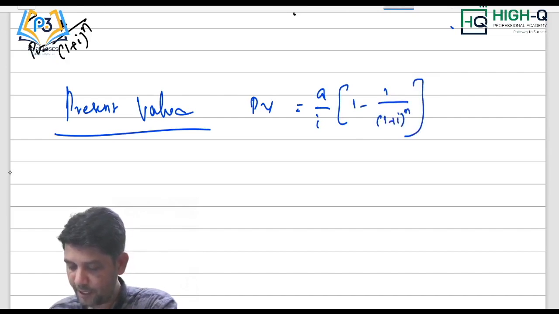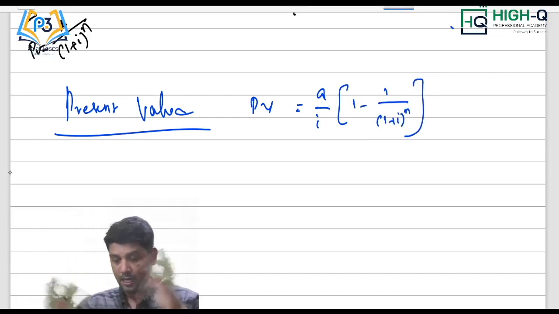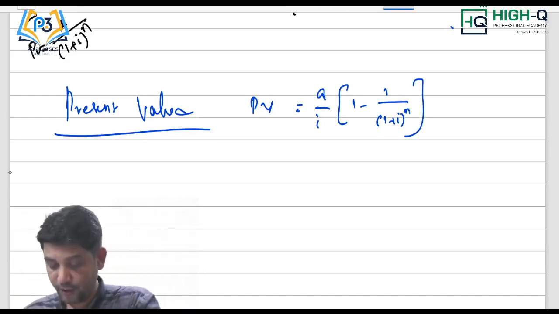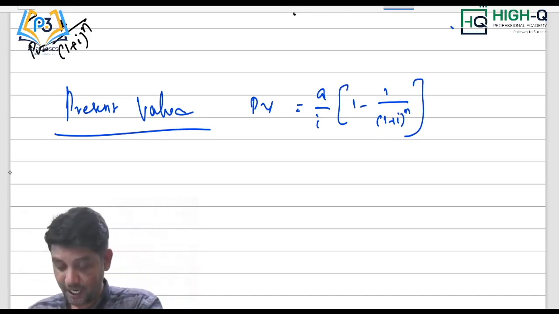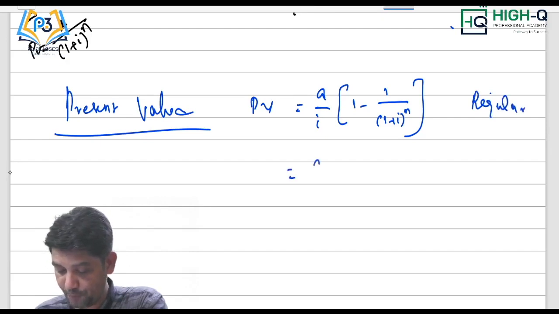After simplification, your faculties might have given this format: A by I into (1 minus 1 by (1 plus I) the whole power n). This is for a regular annuity. Of course, you know what to do for an immediate annuity.